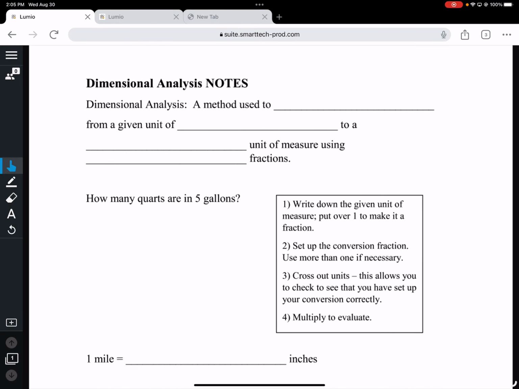So dimensional analysis is a method used to convert. What does the word convert mean? To change. To change. Good.